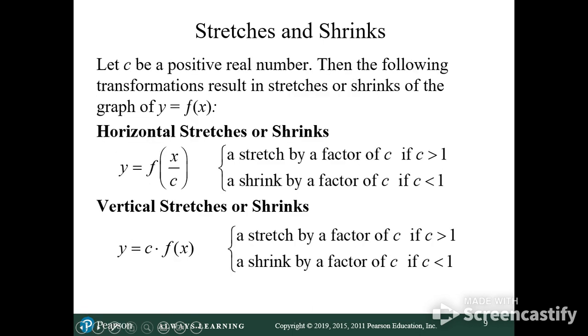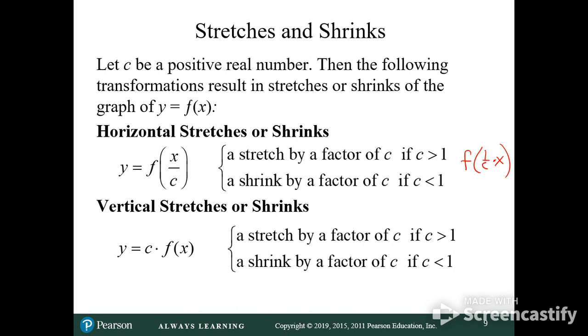Okay, stretches and shrinks. Most of the time, I would say it like this: f of 1 over c times x.